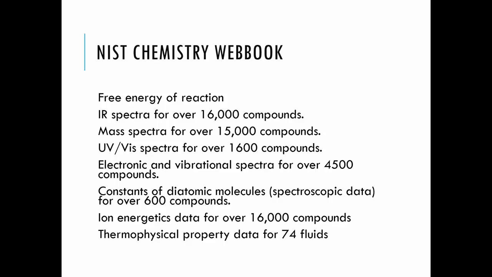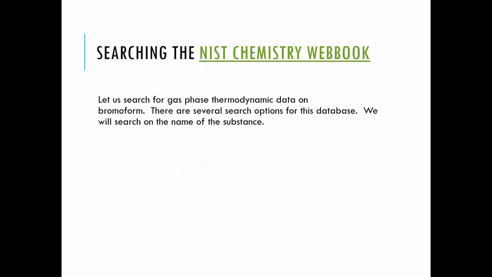These values don't change. You know, the IR spectra is the same. It won't change for a substance, and so on. So here's an example of some of the physical and thermodynamic and spectral data that's available through the NIST Chemistry Webbook. Okay, so let's look for gas phase thermodynamic data on bromoform.